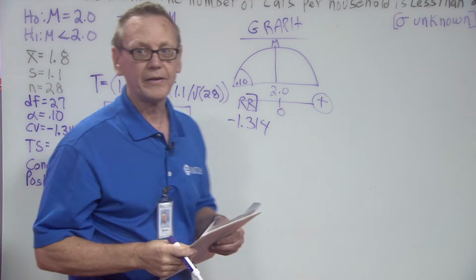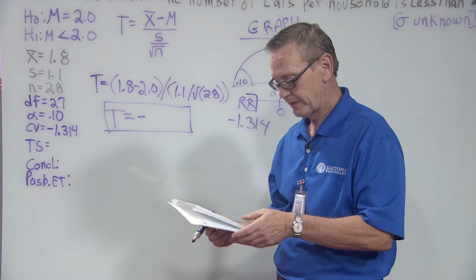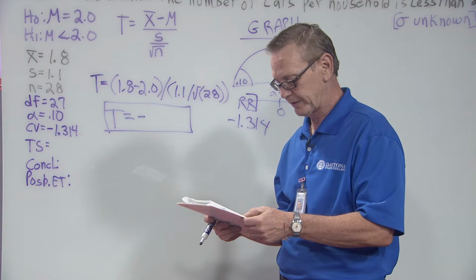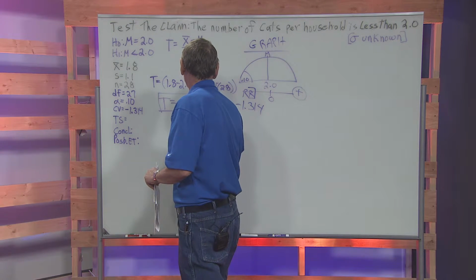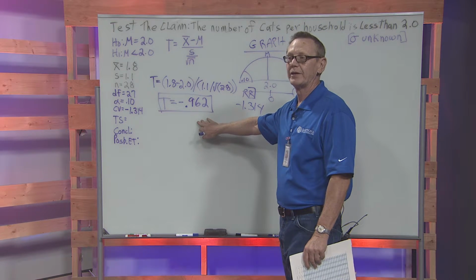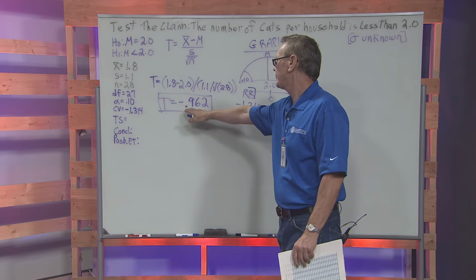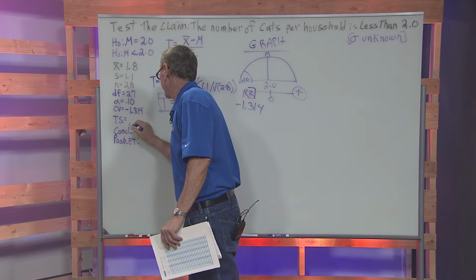When we apply that formula, probably by using a calculator, we get a result of negative 0.962. Negative 0.962 standard deviations to the left of the mean. I'll add that to my list.